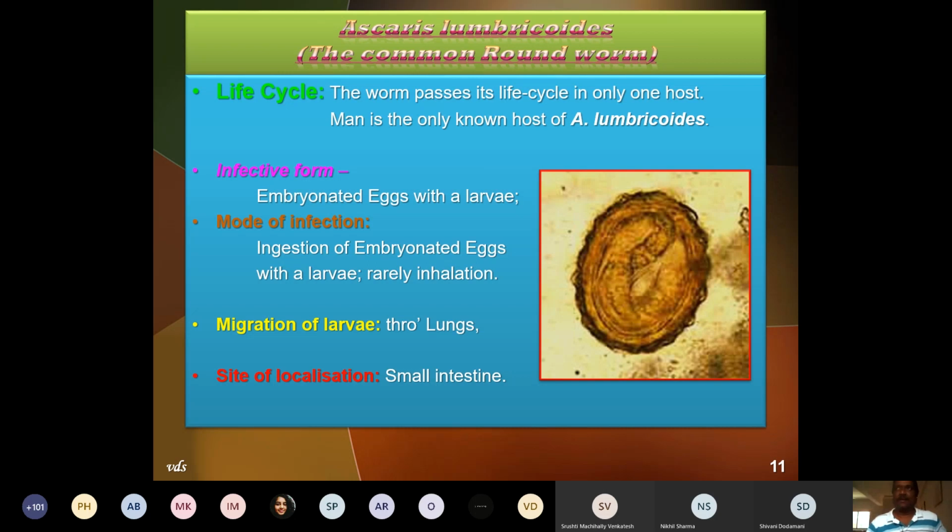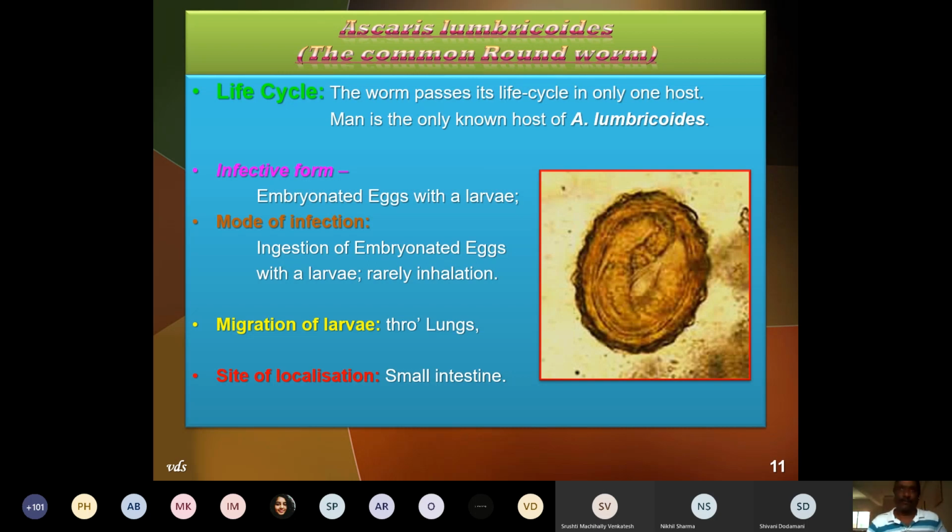And such an egg, where the inner ovum has developed into a larval form, is called an embryonated egg. Such embryonated eggs with the larvae are the infective form for human beings. Okay.